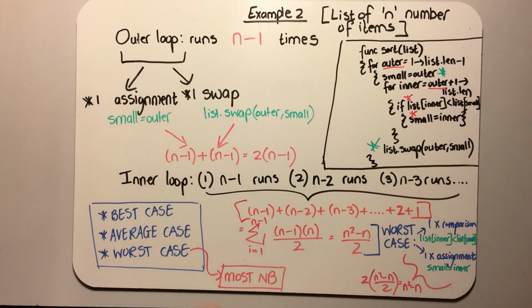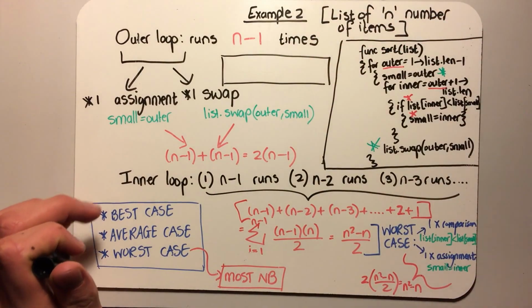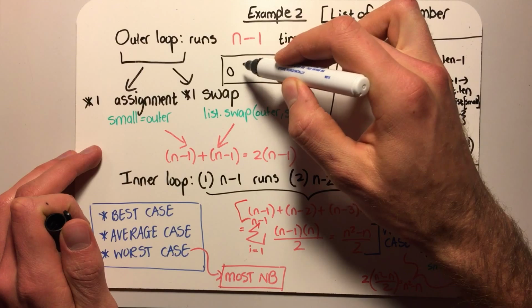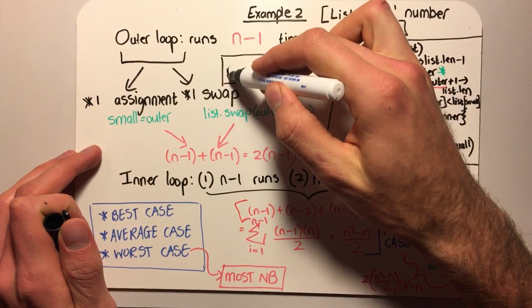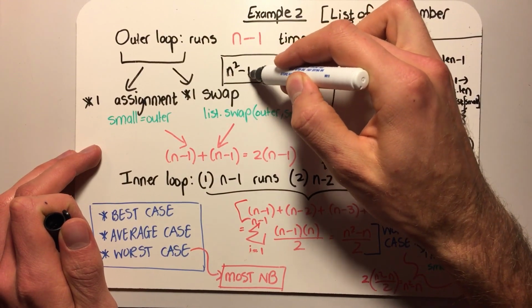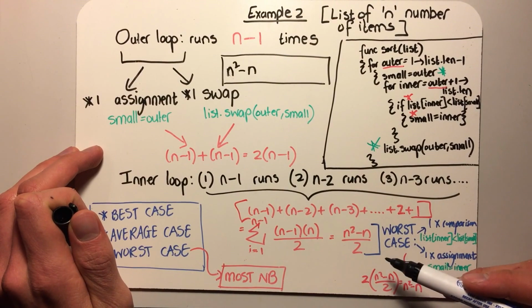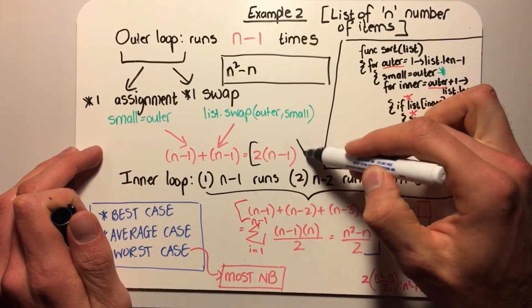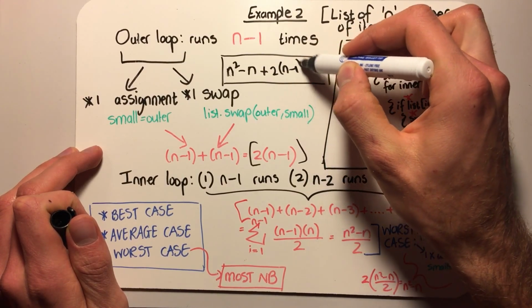So what is our total complexity then? Well, I'm going to write it here. Our total complexity is n squared minus n, which is for the inner loop. And then we have to count what we just said about the outer loop over here, plus 2 times n minus 1.